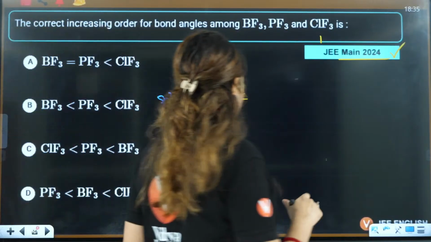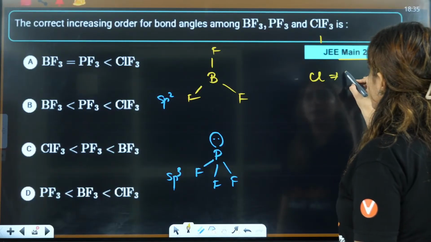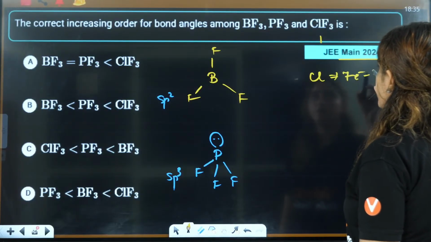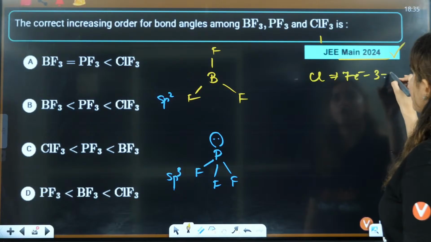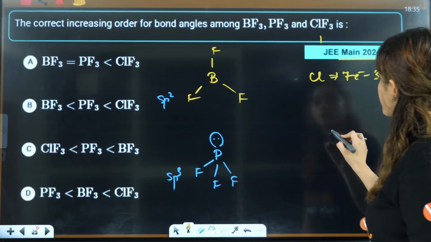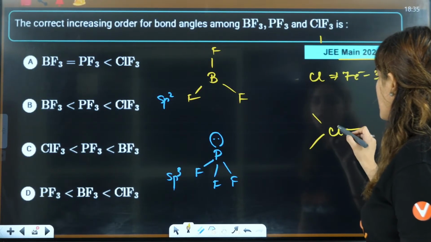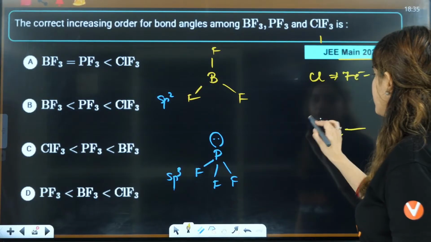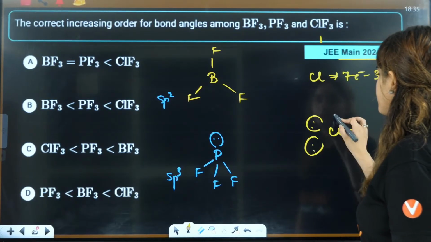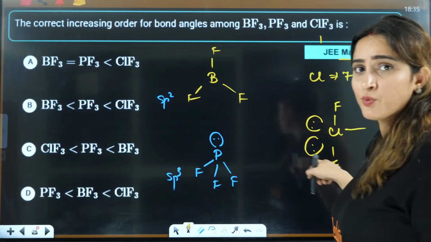And this is Cl. Chlorine has 7 outermost electrons, and when you subtract 3 bonds, it will have 2 lone pairs that you put over here. We will discuss this in Bent's rule, why this is so.